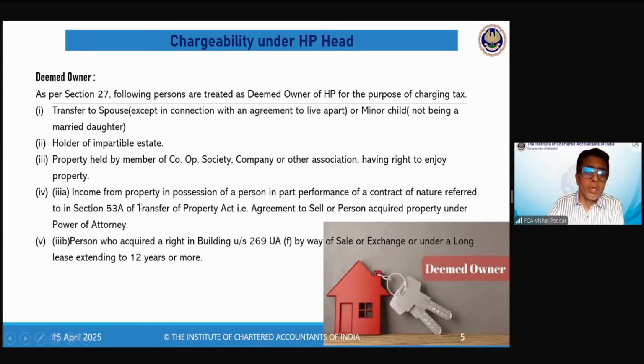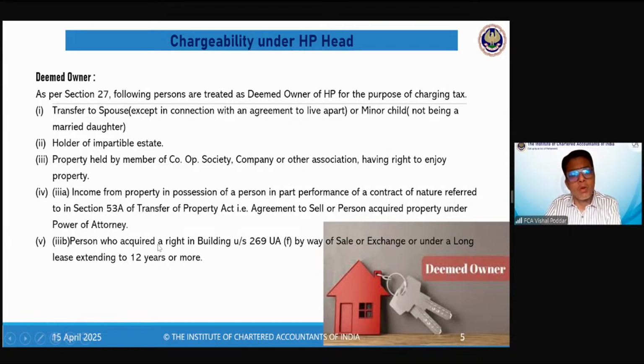Fourth, where you have booked a property in an under construction building. The building is not yet complete, so legally the builder cannot transfer the property to you. But if the builder has given you the possession and you have made the complete payment, then as per section 53A, the property is assumed to be transferred to you and you are deemed owner.